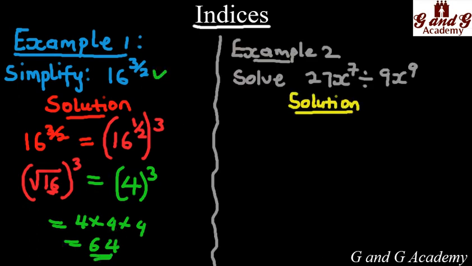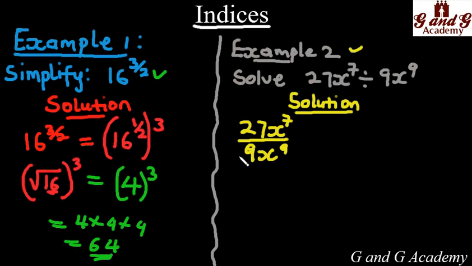Okay. Now let's solve this example 2. We are asked to solve 27s raised to power 7 divided by 9s raised to power of 9. Very super easy to solve. Just write out the question again as well. 27s raised to power of 7 all over 9 raised to the power of 9. Are you getting what we are trying to say?